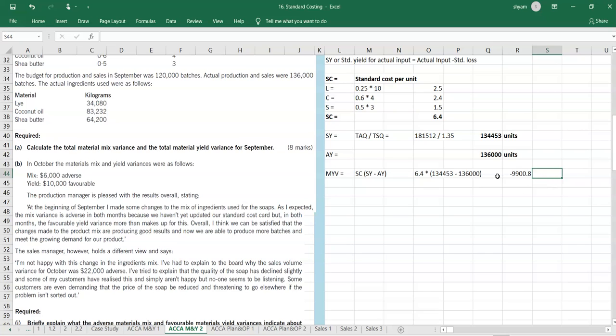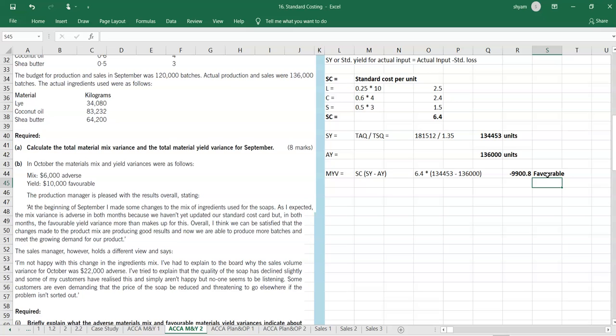So is it a good thing or a bad thing? Again, compare it and you will get the answer. The standard yield is they should have produced 1,34,000, but the company has produced 1,36,000. So that is actually a good thing. It is a favorable variance.